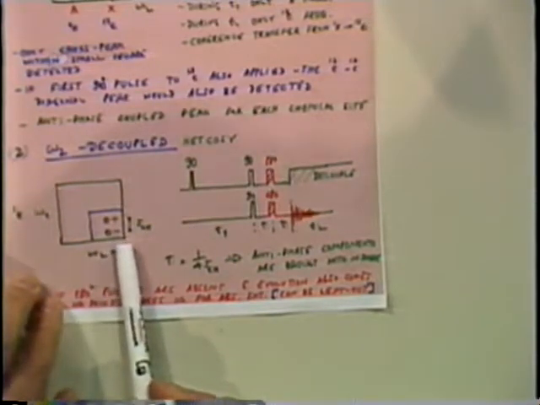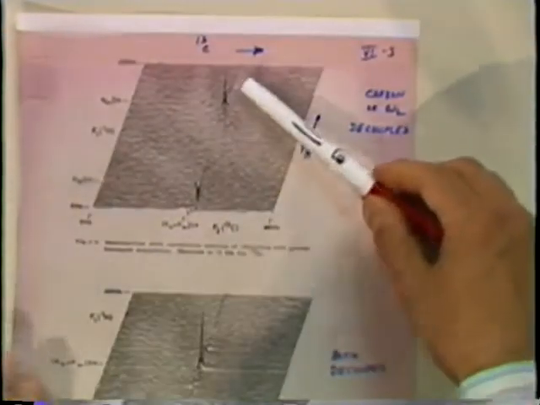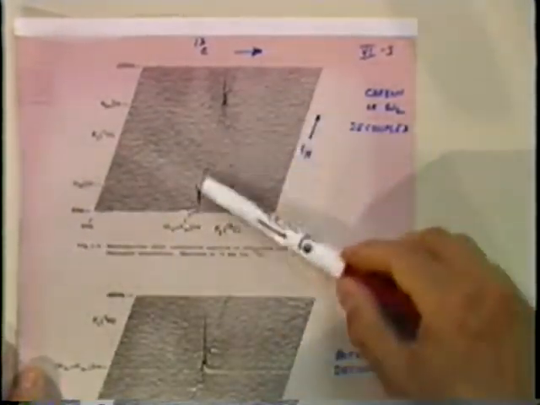Okay, and so the result would be that you would have a decoupling in omega 2, but coupling in omega 1. All right, and this is the result of that experiment. You can do decoupling in omega 2 and coupled in omega 1. You can also finally decouple in both the omega 1 and omega 2 directions.